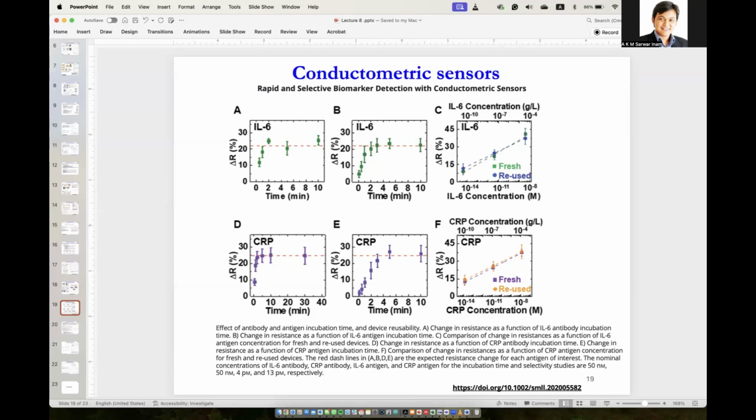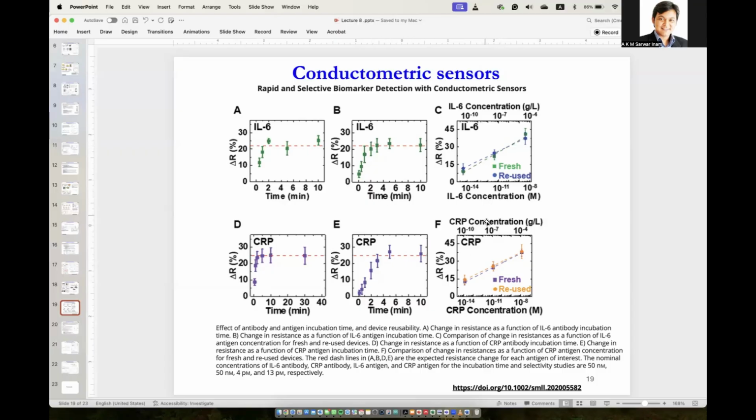In this one, both the IL-6 and CRP antibodies required an immobilization time of 5 minutes. At first, you can see here it takes 5 minutes to produce the expected resistance changes, and then the optimum immobilization time for both the IL-6 and the CRP antigen to produce the expected changes in resistance is 5 minutes when the antibodies are immobilized. When this is optimized, it takes 5 minutes for both of them.